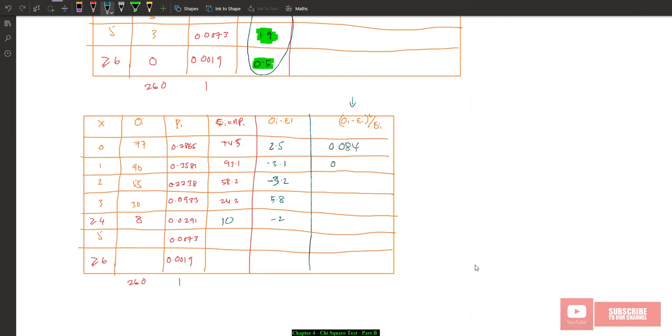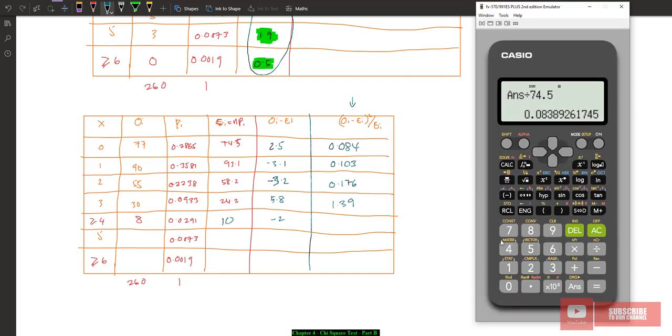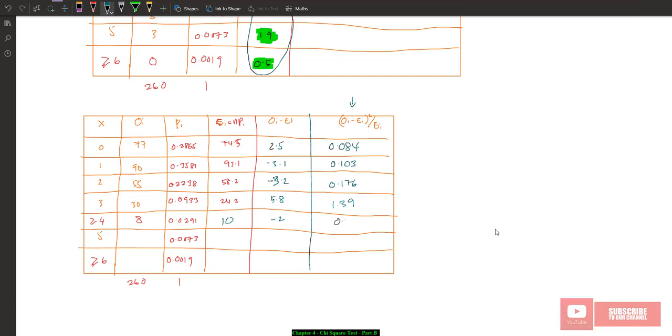So this is 0.103, 0.176. This is 1.39. And the last one should be 4 divided by 10. So this is 0.4.